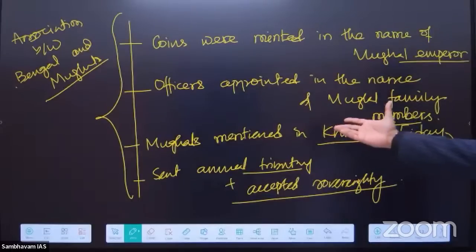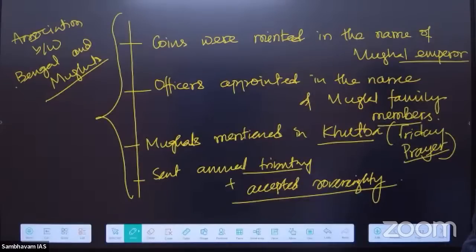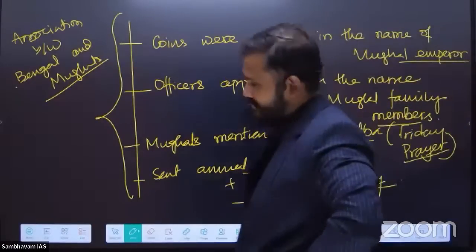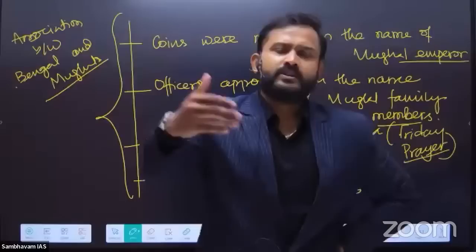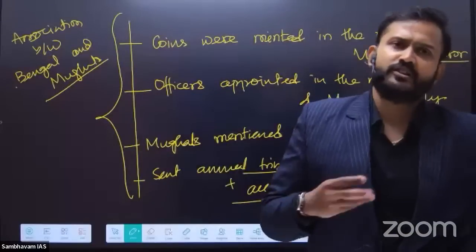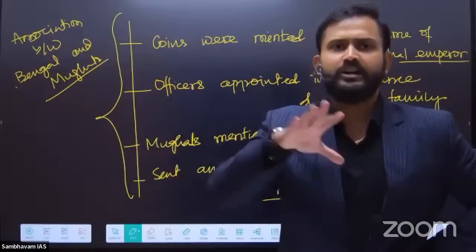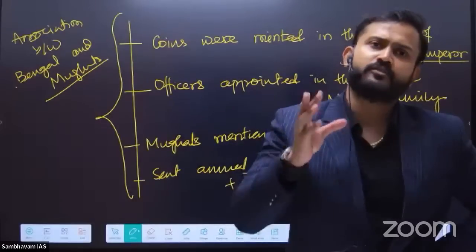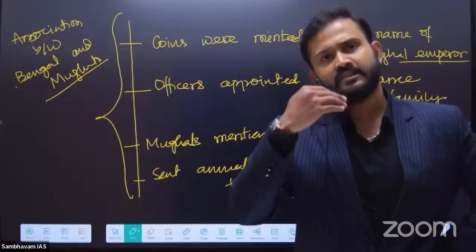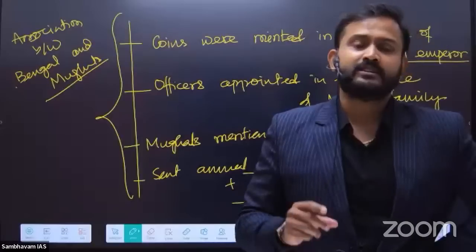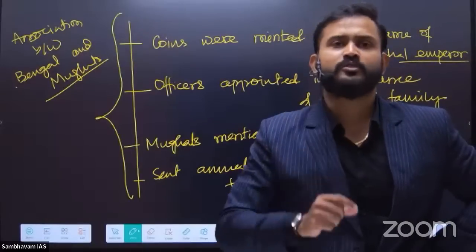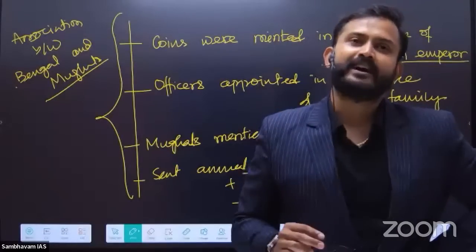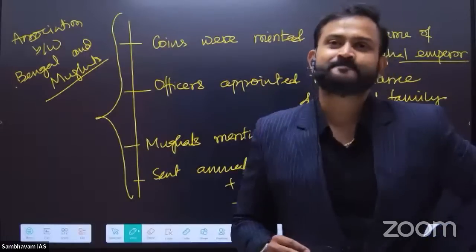Third point, Mughals mentioned in khutbah. That means the Jummah, the Friday prayers are done. Generally, in the Islamic world, the congregational prayers happen on Fridays. And after the prayer, there is a general discussion. In those discussions, the emperor was mentioned. That means still there was the association, right?